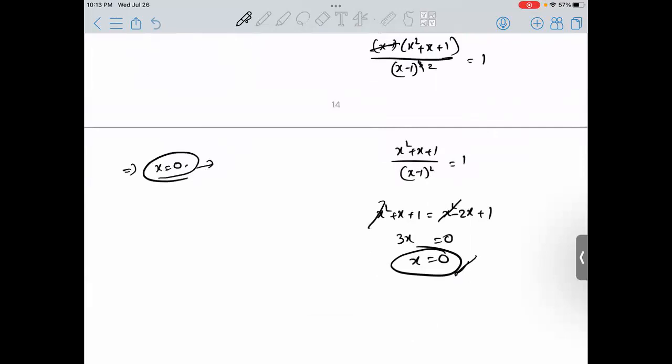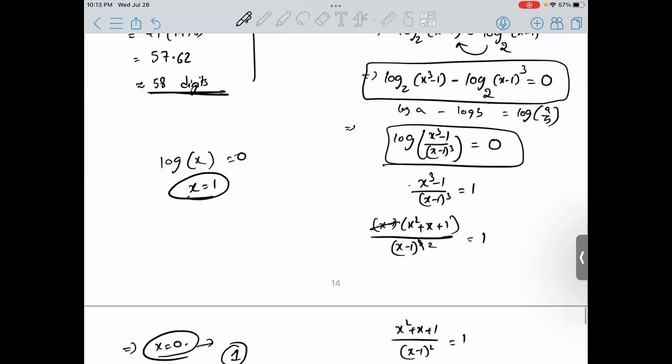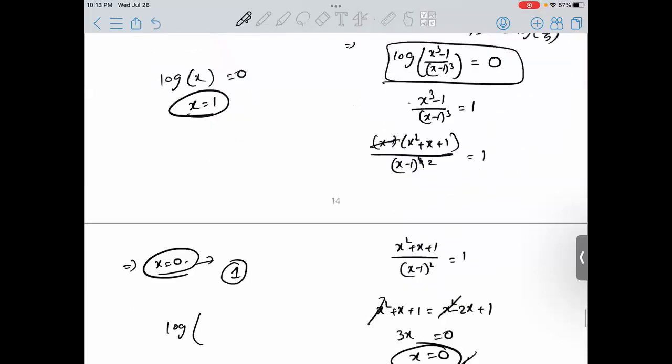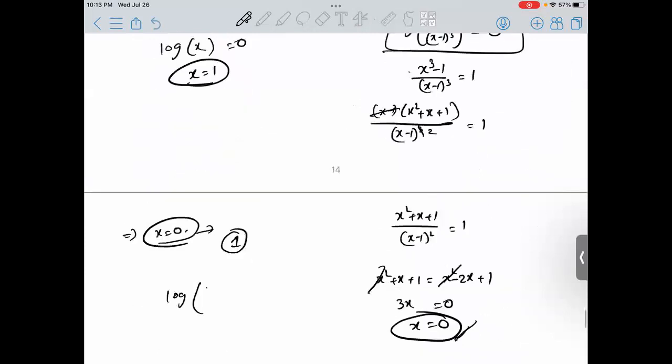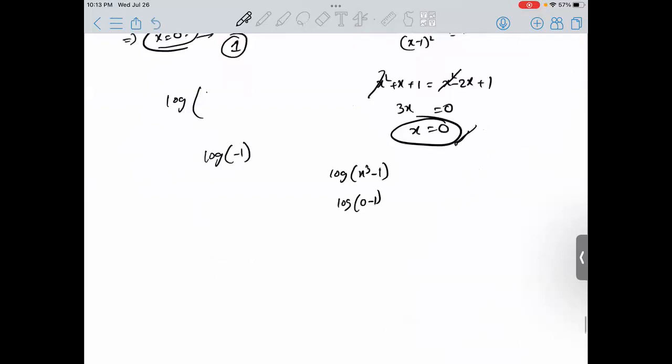But you will blindly say, okay, x equals 0, I got one answer, so only one solution is possible. But look at this. When you substitute x equals 0 in the log, log x cube minus 1 to the base 8 equals log 0 cube minus 1 to the base 8, you get log of minus 1, which is nonsense.